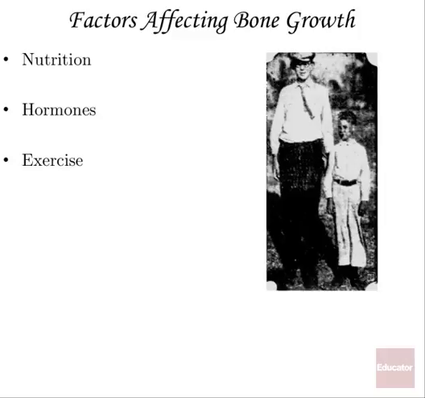Hormones. Bone growth is going to be related to hormones, of course. Growth hormone, abbreviated as GH, from your pituitary gland is going to be one of the ones that affect that. I have this picture here because this gentleman is Robert Wadlow. He has the world record for being the tallest man in recorded history. He was almost 9 feet tall. Now, he had a tumor in his pituitary gland that caused it to be overactive.